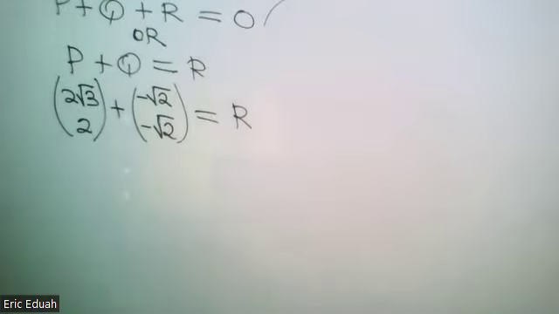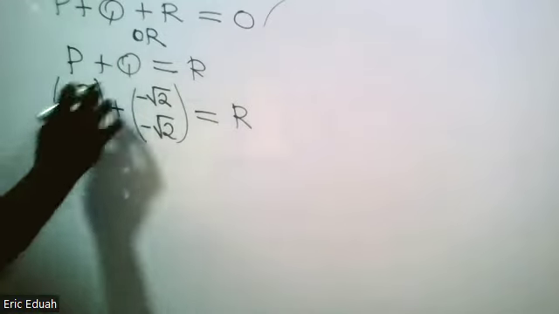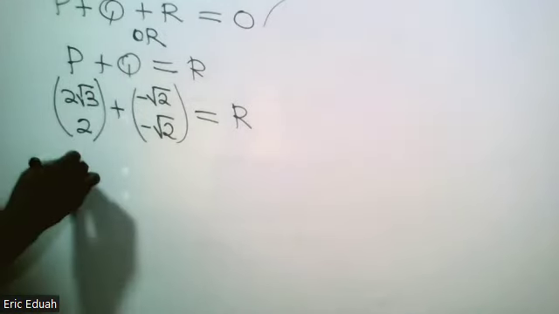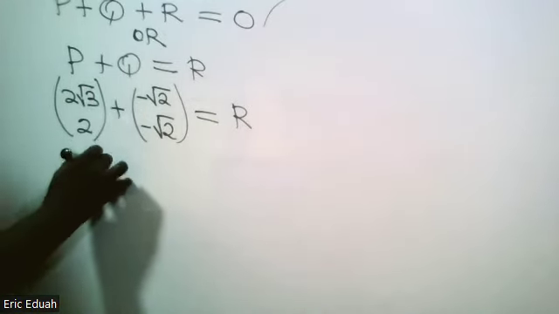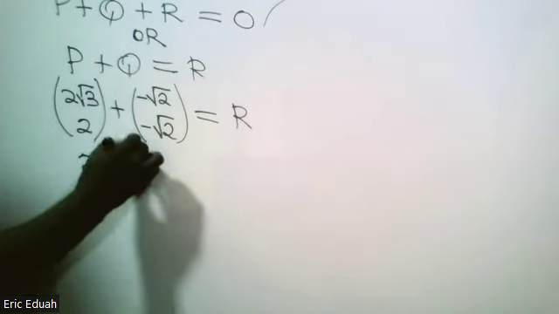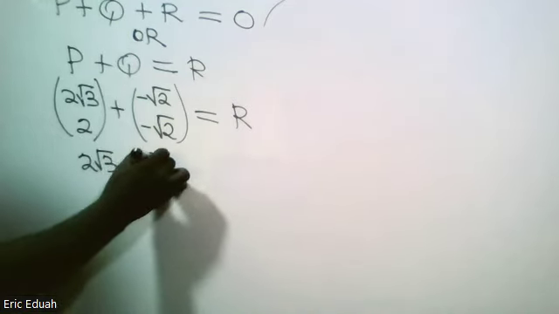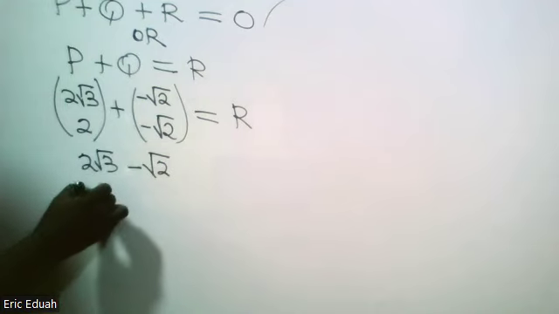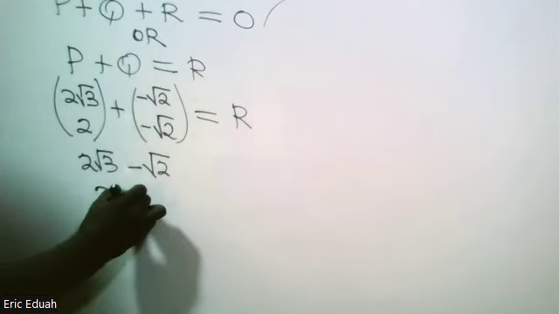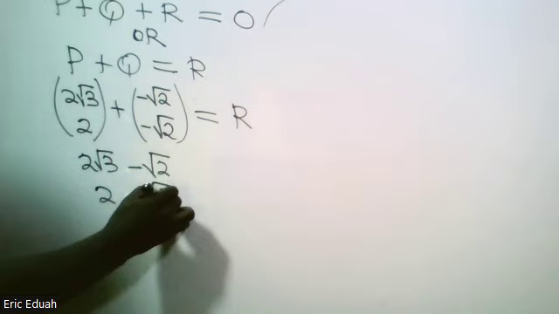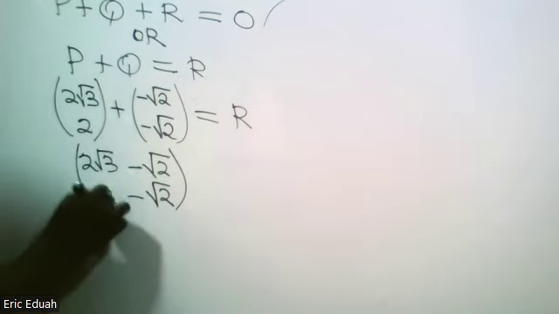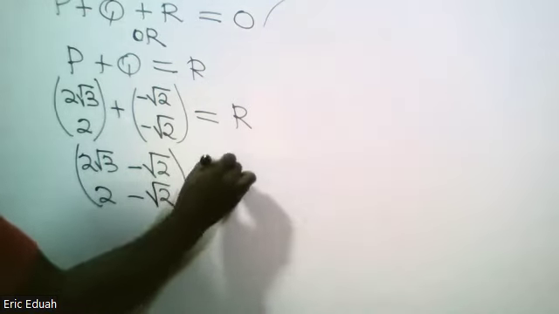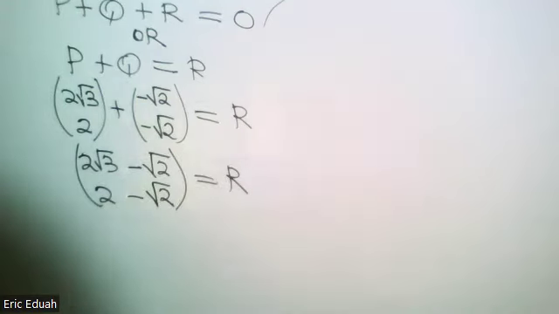All right. Let's add x's. So 2 root 3 minus root 2, then 2 minus root 2 must be equal to R.